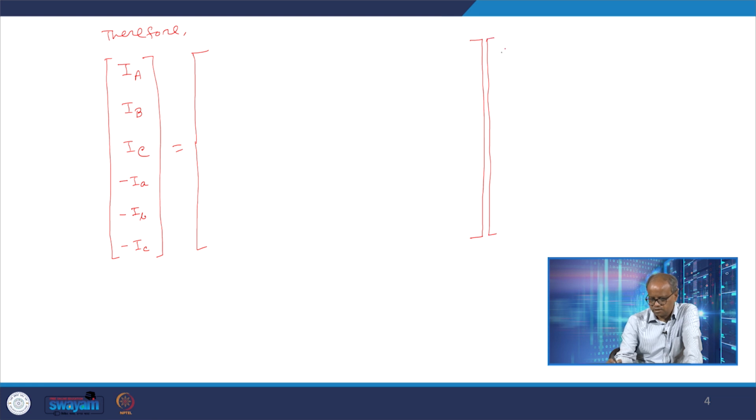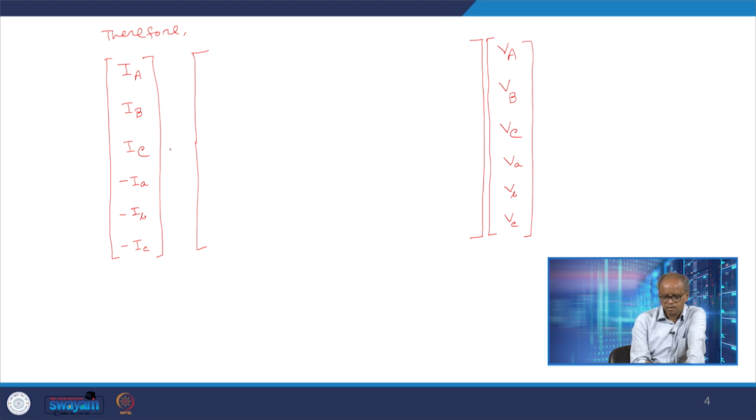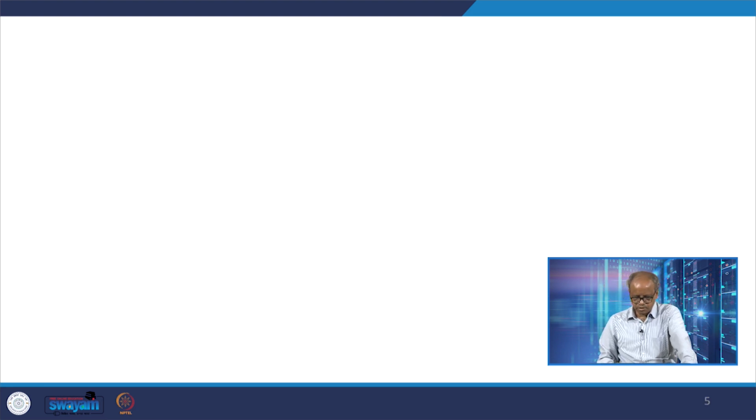And at the secondary side it would be V capital A, V capital B, V capital C, small a, small b, small c, is equal to, so I take y common because y is there in all the equations.